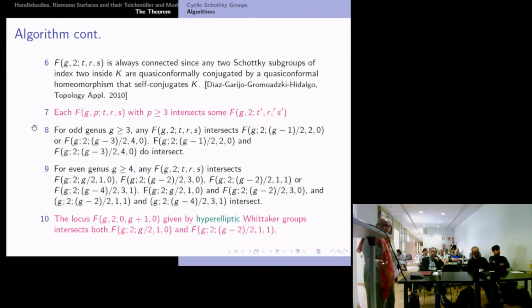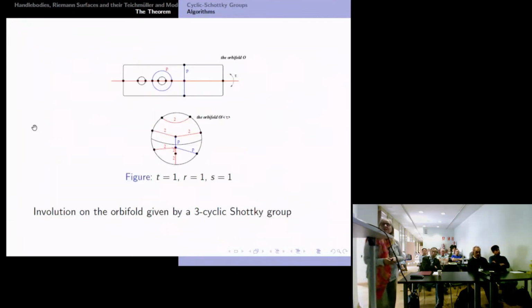And then we could prove that if any other family is in the connected component, it will always intersect one of these families given by the involutions.